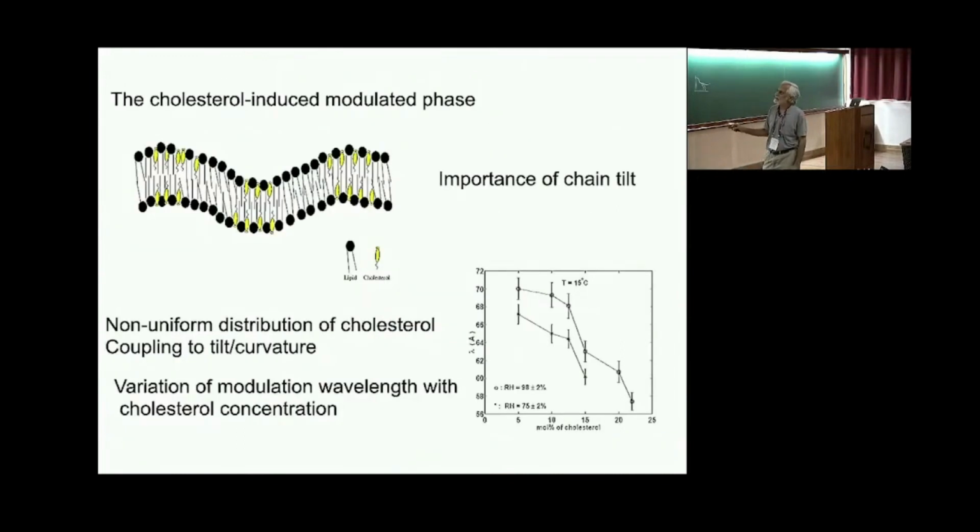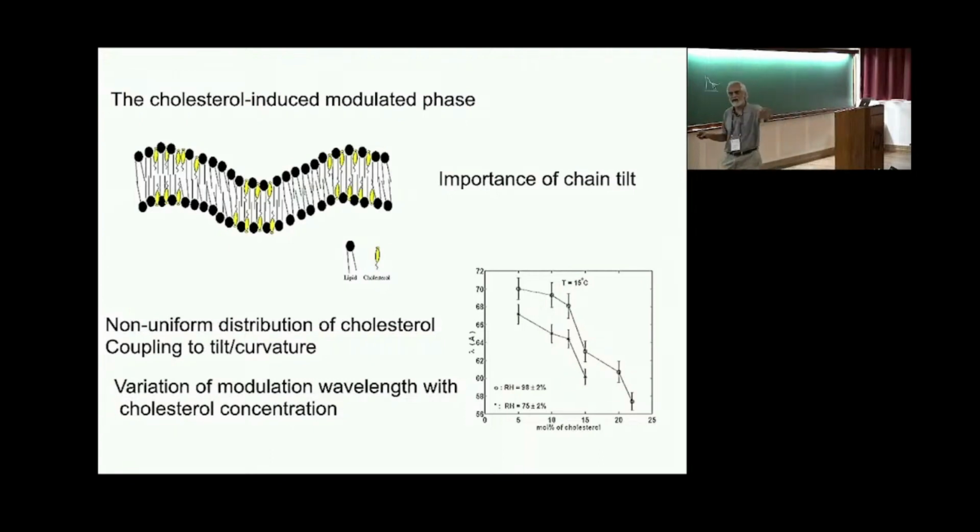So this is the model for this. You have cholesterol-rich regions and cholesterol-poor regions, and these stripe-like patterns lead to a non-uniform height distribution. There's some kind of coupling between concentration and gradients in the tilt or curvature, and you essentially end up with these rippled bilayers which have a particular periodicity.